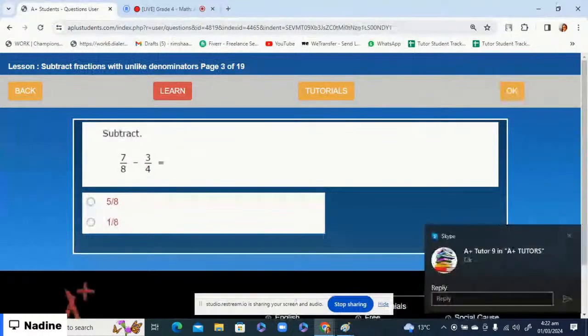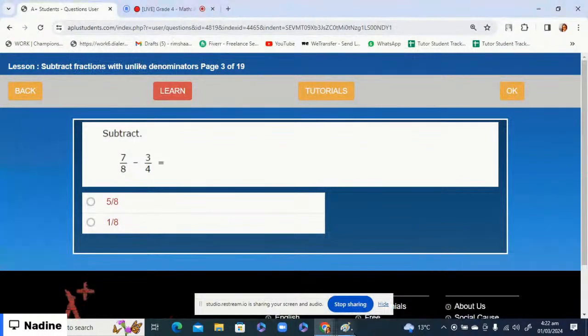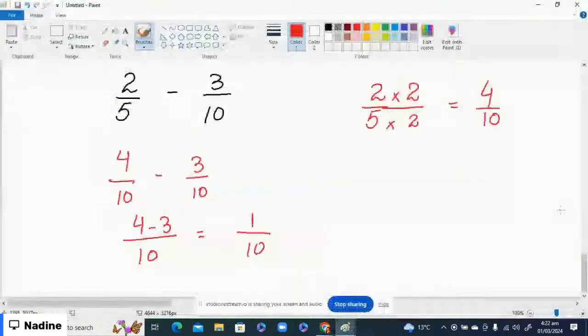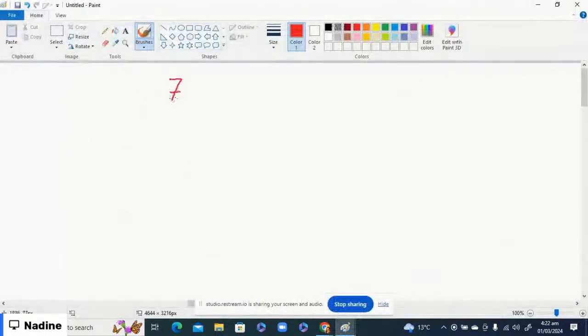7 by 8 minus 3 by 4. Let's do it. 7 by 8 minus 3 over 4. Now, which one do we choose? 7 by 8 or 3 by 4?